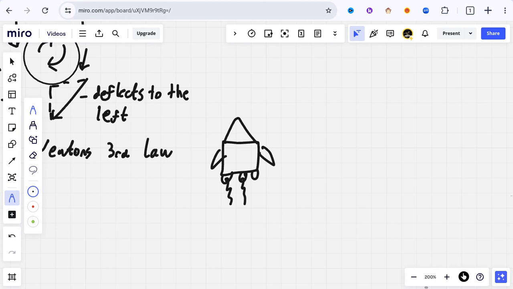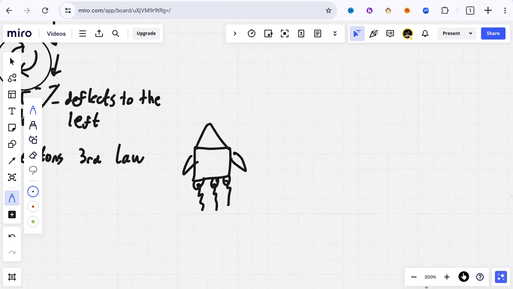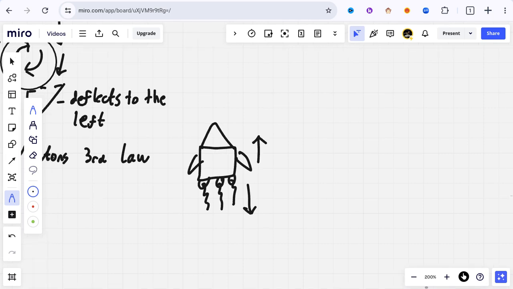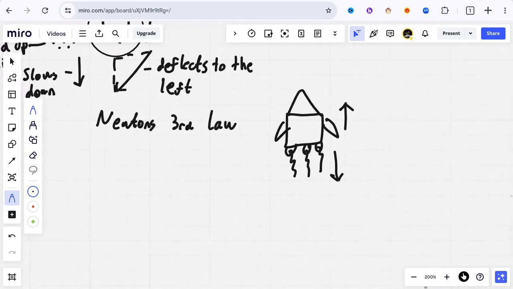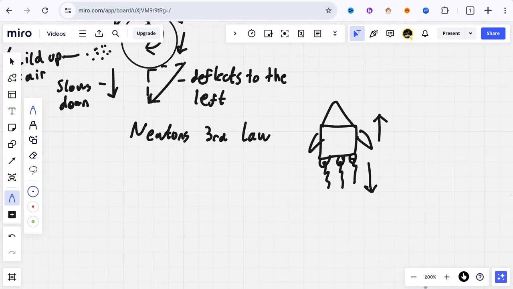As it shoots the air exhaust downwards, as rockets do, you can see here that the air is moving down. There's a force pushing the air downwards, causing an equal and opposite force upwards. Since it's equal and opposite, I should draw the arrows roughly the same length. And this is basically the exact same thing. The air moves to the left, so the ball has to move to the right.